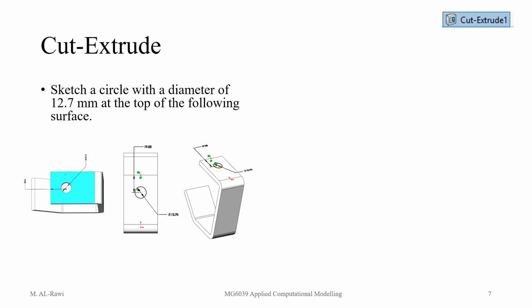My circle should always be on the origin. And from that edge, the origin is 19.05. You can see it better by using different views. If you need help with this one, call me. I can show you how to adjust it. First, put the diameter, 12.70, for the circle, and then centralize it with your origin and the distance.